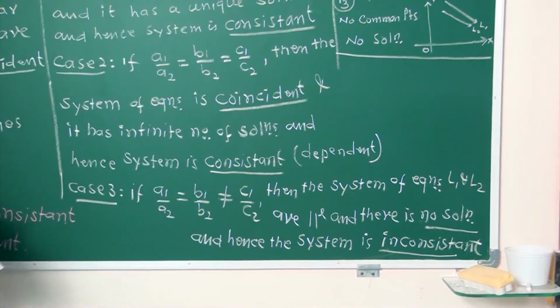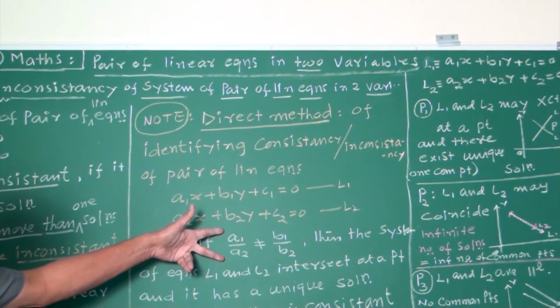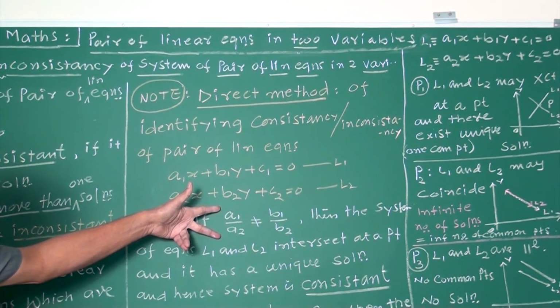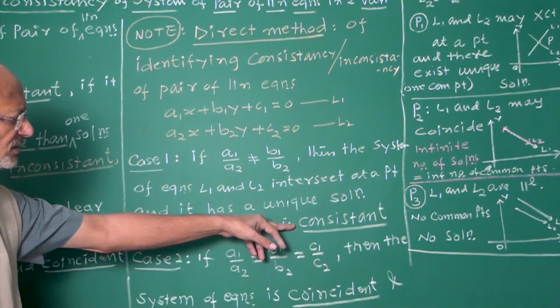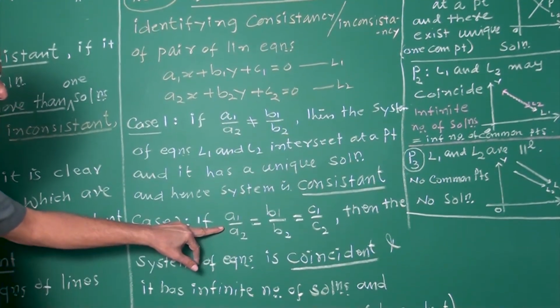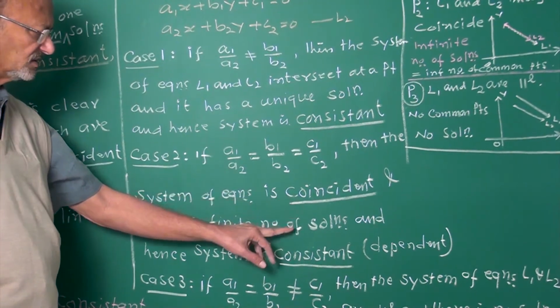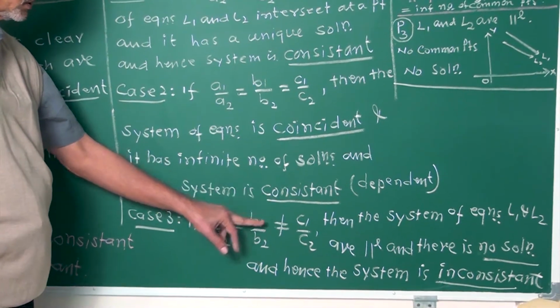Thus, my friends, in these equations, if A1 upon A2 is not equal to B1 upon B2, intersecting type, solution exists, unique, consistent. All the three equal, coincident, infinitely many solutions, the system is consistent.